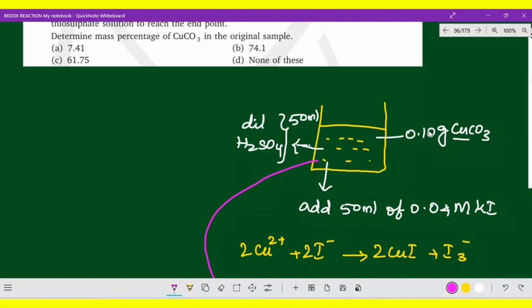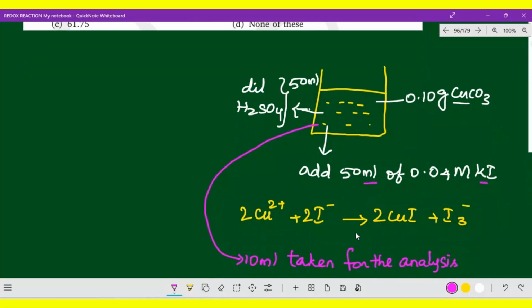This is the sample, 0.1 gram of copper carbonate dissolved in 50 ml of H2SO4. Now in that, we are going to add 50 ml of 0.04 M, that is molarity, of potassium iodide. Here we added potassium iodide.